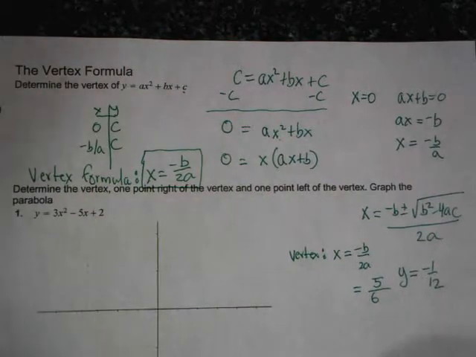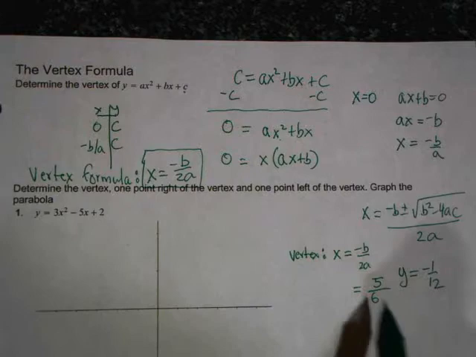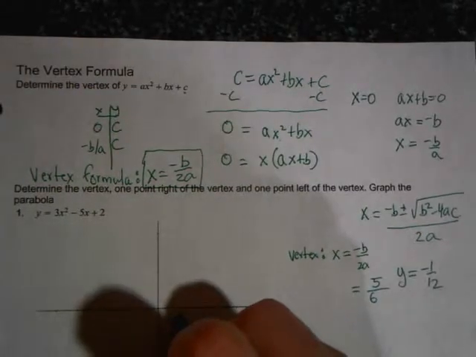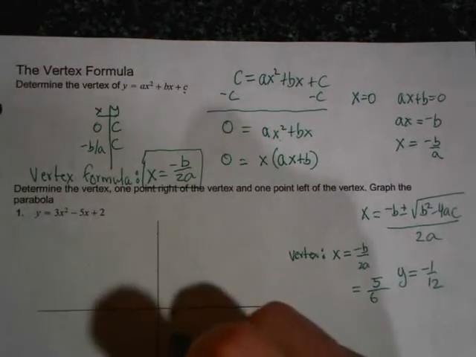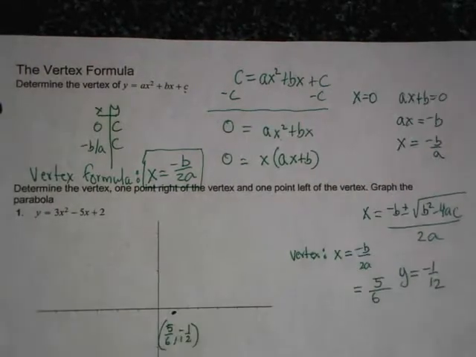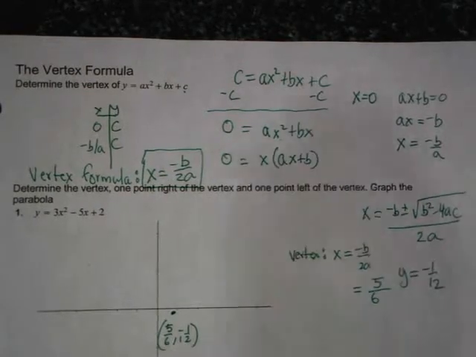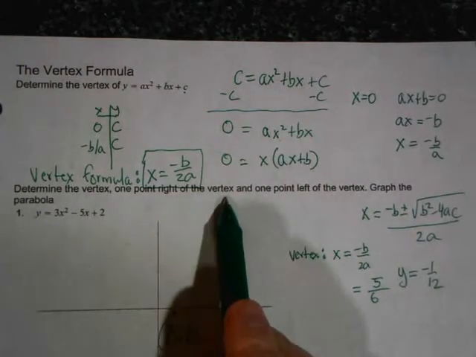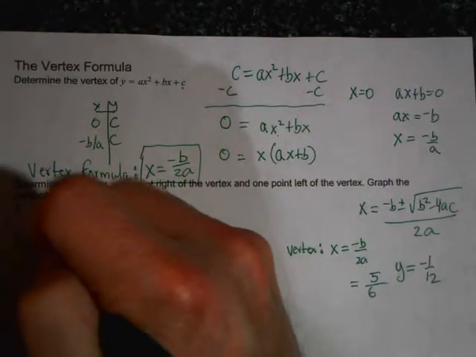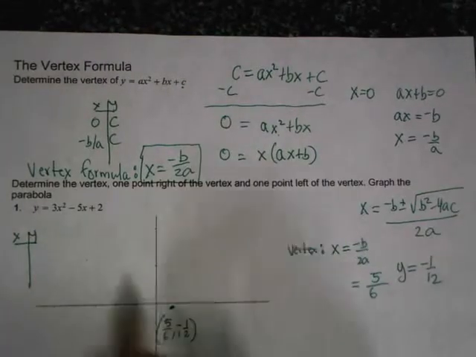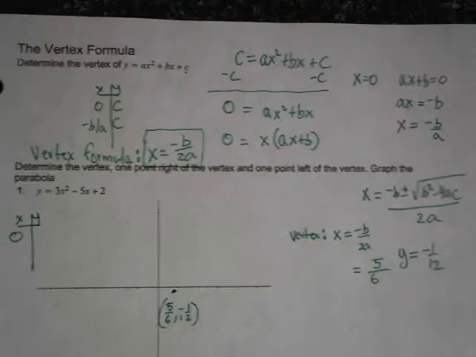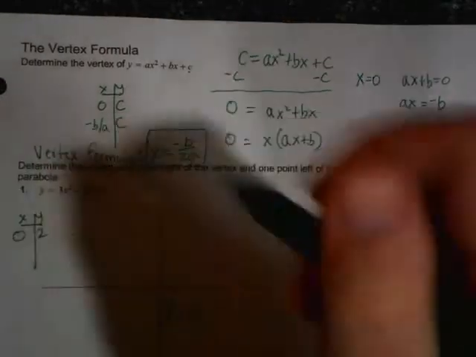Alright, so I start by graphing that. 5/6 is a little bit smaller than 1, and then negative 1/12 is just below the axis. And then it says 1 point right of the vertex and 1 point left of the vertex. So I'll just build a little table here. 1 point left of the vertex, I could plug in 0. I like 0 because it's a very easy number to plug in. When I plug in 0, I get 2.